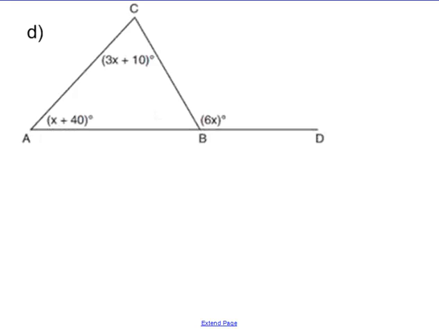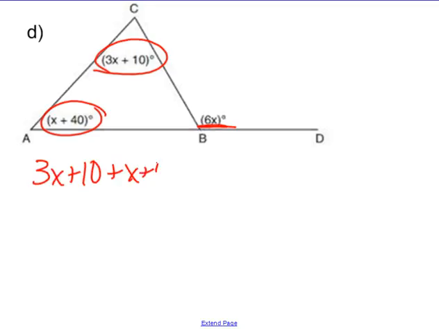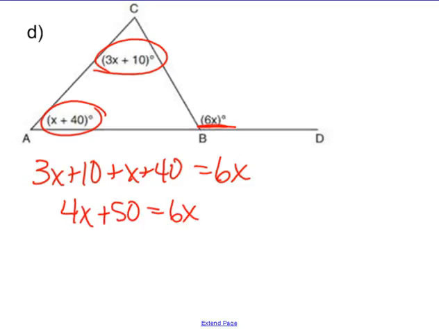Finally, now we have algebra instead of nice numbers. So it's the same concept though. We're going to add the remote interior angles to get 6x. So that's going to be 3x plus 10 plus x plus 40 equals 6x. So we're going to combine like terms. 4x plus 50 equals 6x.